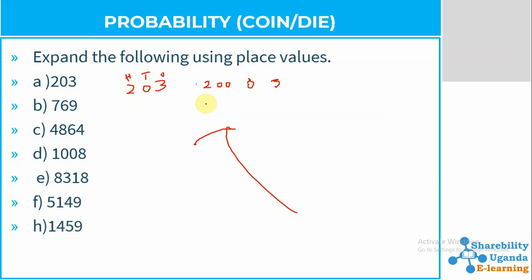So this simply means that we shall be having our 200, then plus our 0, then plus our 3. So in this we shall have expanded this number.